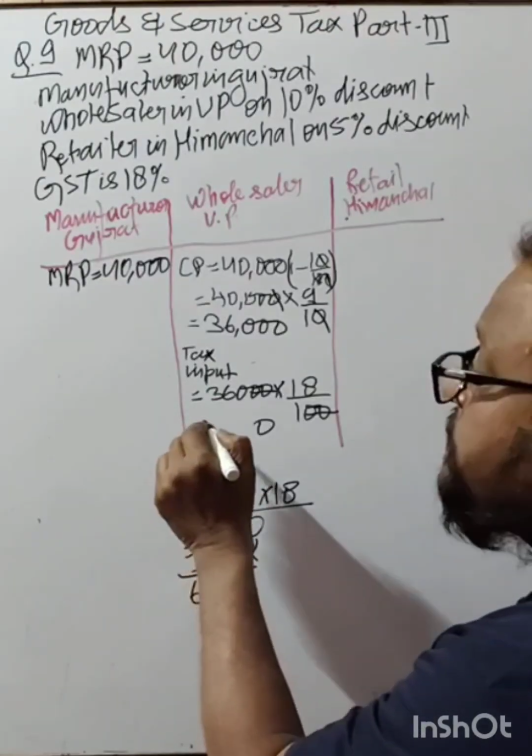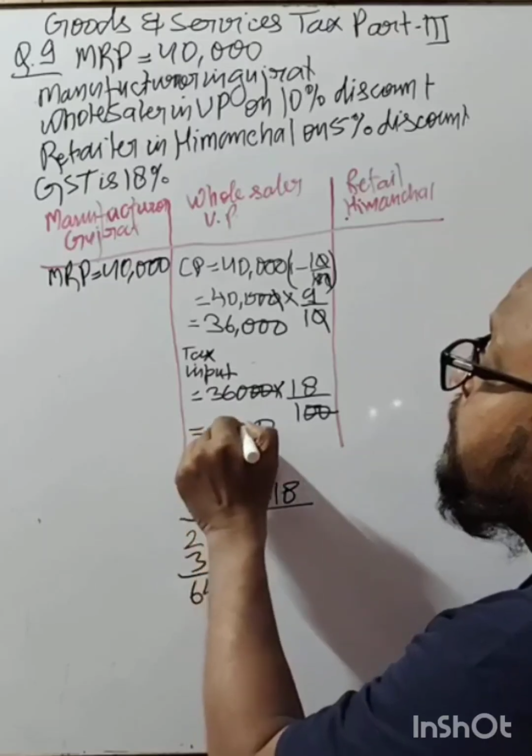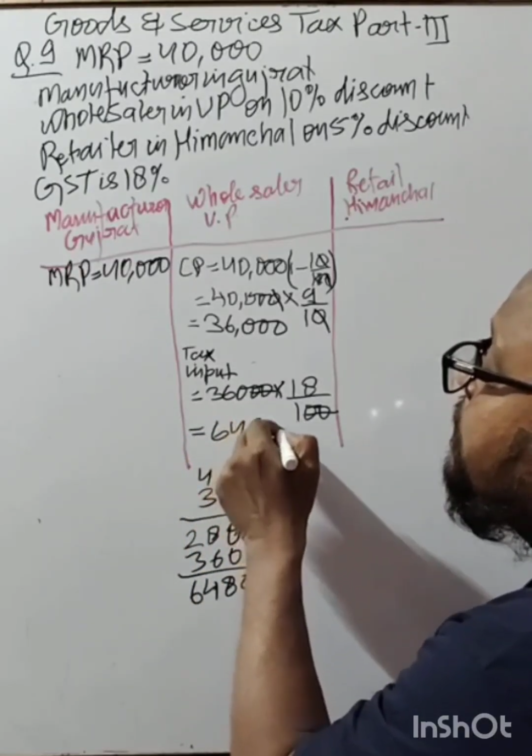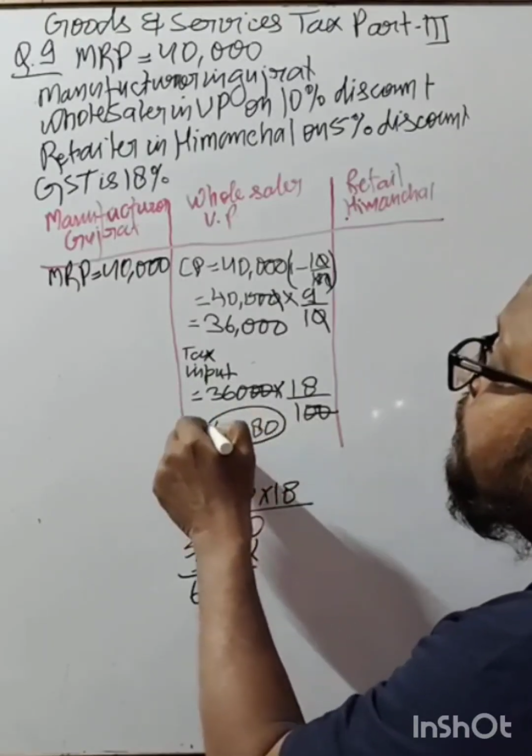So this is 6,480. This is the tax amount.